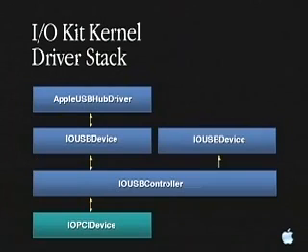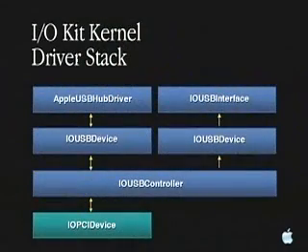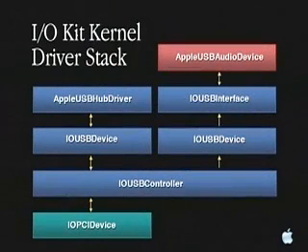There is a driver inside the system that matches against this device because it's a composite device, and that driver sets the configuration inside the device, which causes the interfaces to appear. One of these interfaces is the audio channel for these speakers, and so this I/O USB interface appears, and I/O Kit then matches a driver against it, and in this case that driver is the Apple USB audio driver.